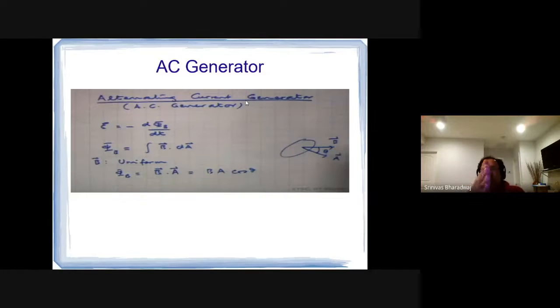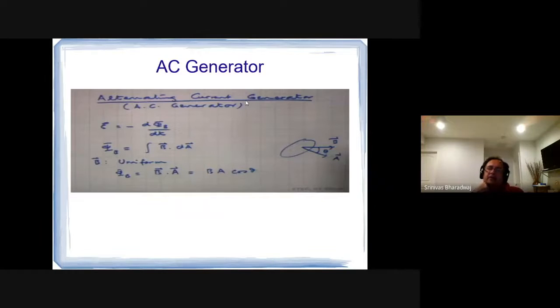Now, as you keep turning the loop, the flux that is induced keeps changing, and the flux experienced in the loop is changing. Therefore there is an EMF which is proportional to that changing flux. Because when you rotate it, there is a d theta by dt.